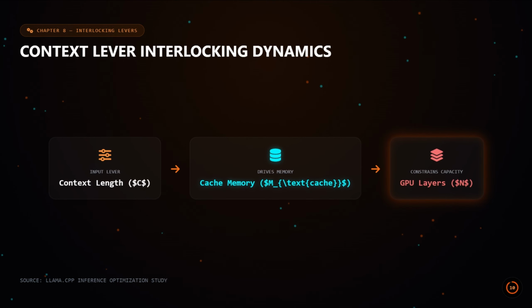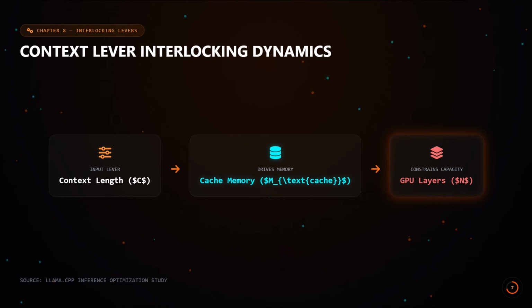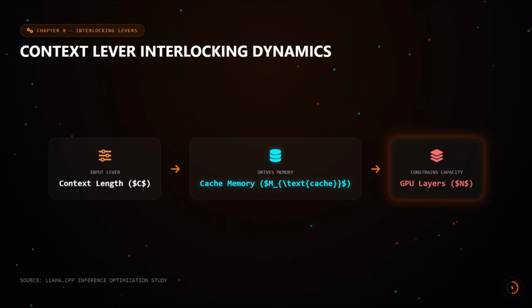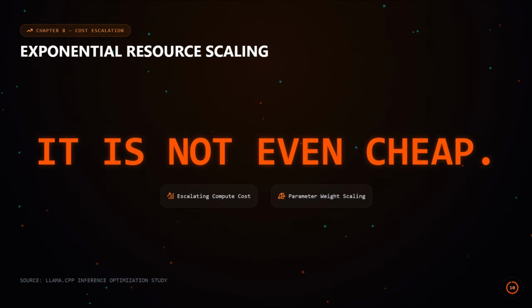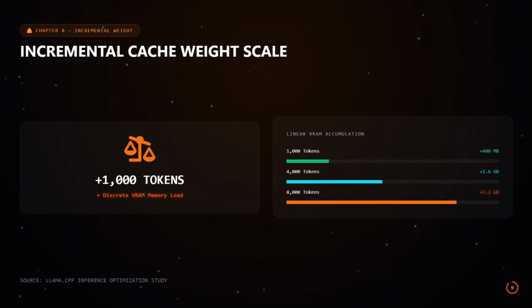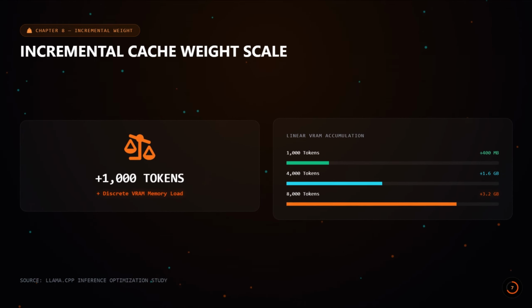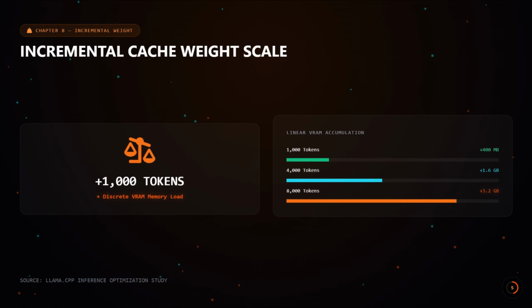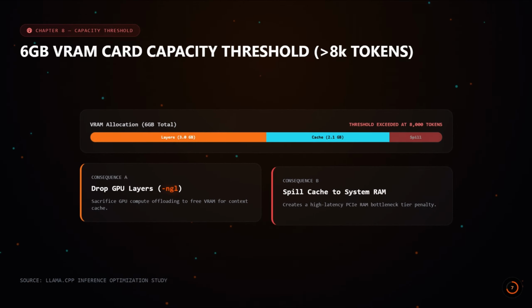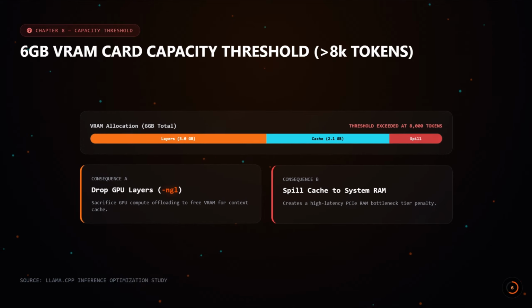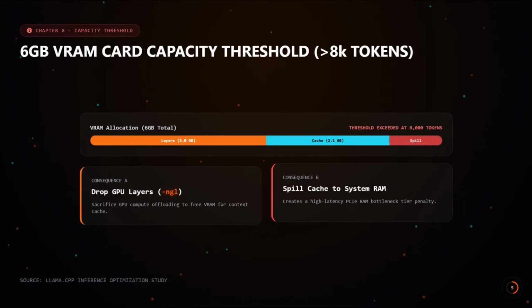The context length itself is the other lever, and it interacts with everything above it. A large context window is not free. It is not even cheap. Every 1,000 tokens of context adds cache weight, and that weight has to live somewhere. On a 6 gigabyte card running a model this size, a context window past roughly 8,000 tokens starts eating into the same VRAM you need for the GPU layers.